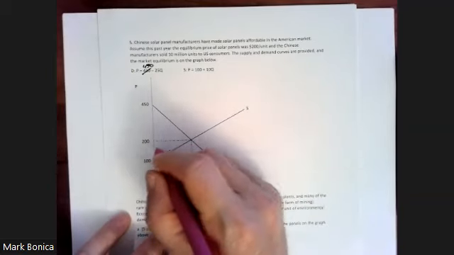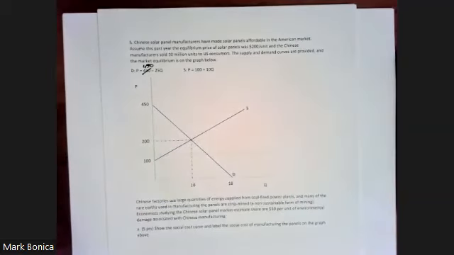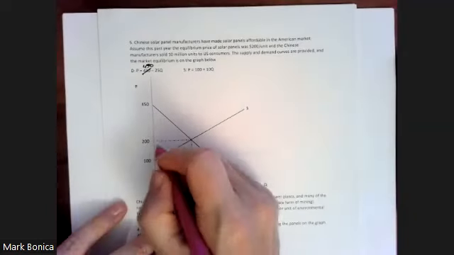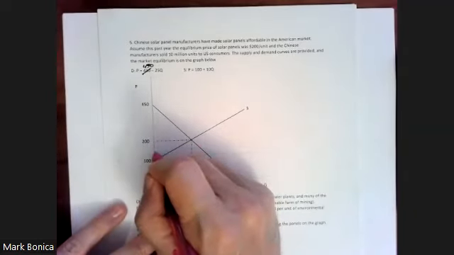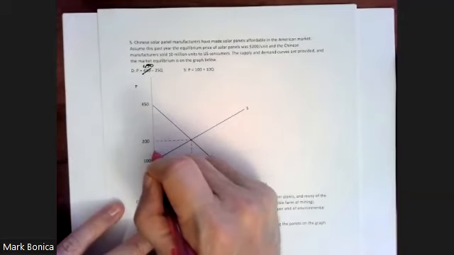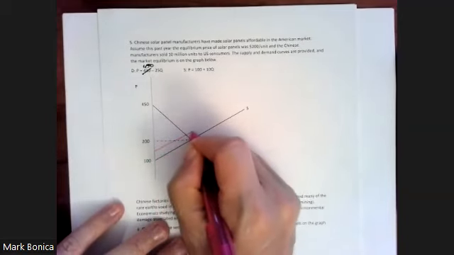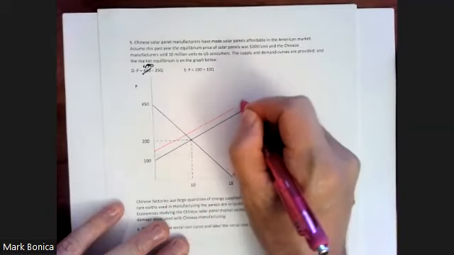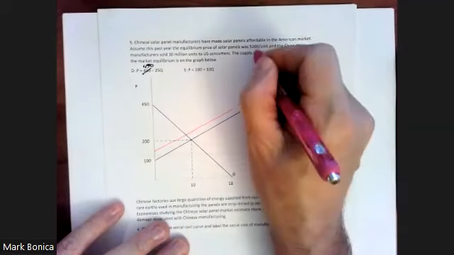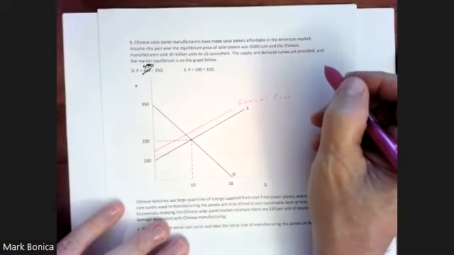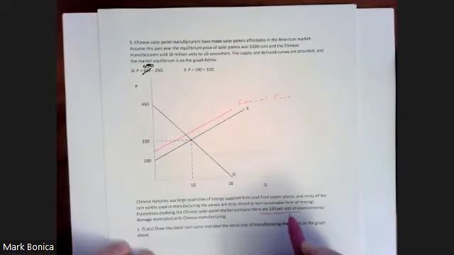As we all know, the Chinese use coal-fired power plants. They don't respect the environment the way that we require in developed countries like the United States and Europe. And so they're imposing a social cost of $30 per unit.